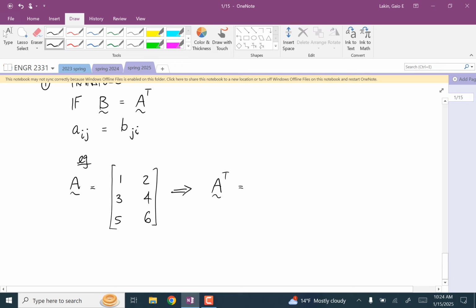So the first column of this transpose matrix is 1, 2. I'm sort of breaking my rule for how I read these off, but I'm just trying to make it clear what a transpose is. The second column of the transpose matrix is 3, 4. And the third column of the transpose matrix is 5, 6.